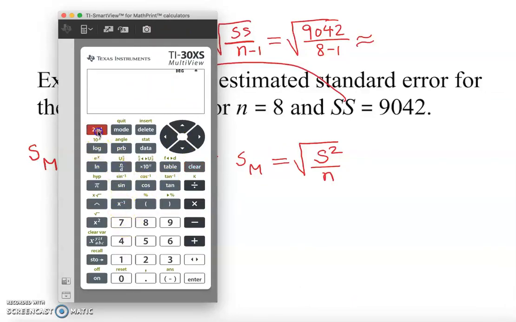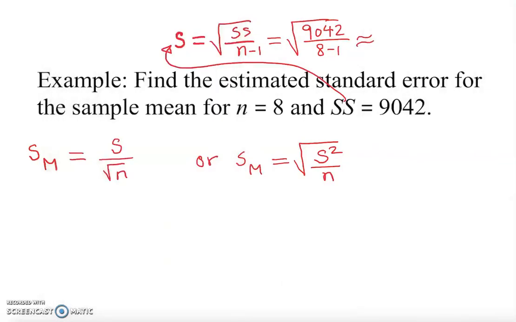I press second x squared, which gives me the square root, and I type this in. I can put in a fraction: 9042 over 8 minus 1. Enter. 35.94. That is the standard deviation.